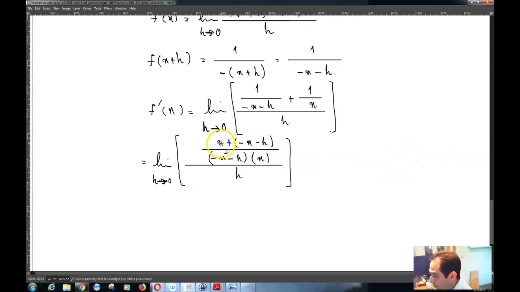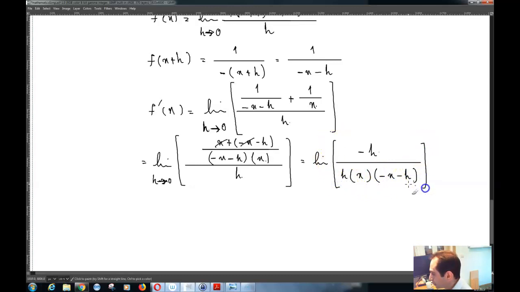And x and x you can cancel out, and of course you can write this as the limit of negative h over h times x times negative x negative h as h tends to 0, and then h and h you can cancel out.